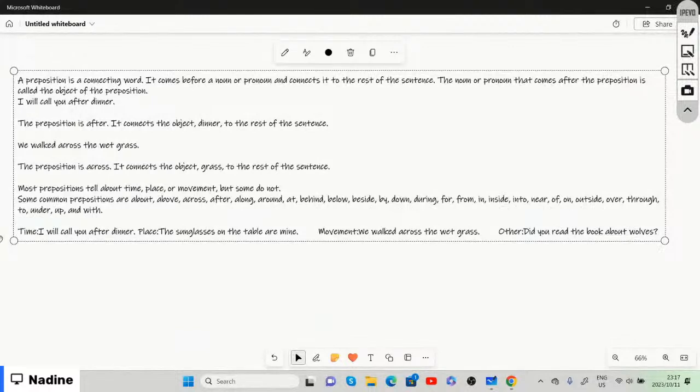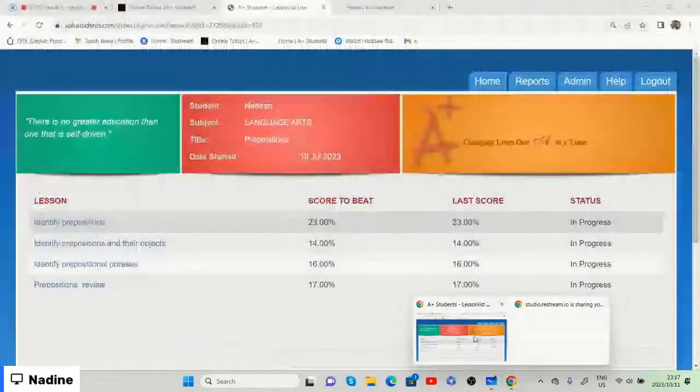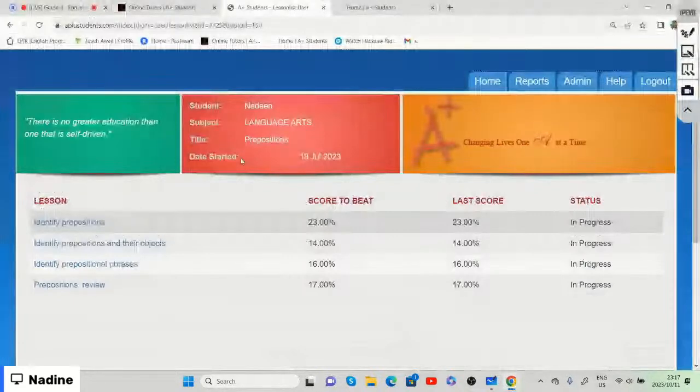And we say that the noun or pronoun that comes after the preposition, we call that the object of preposition. All right. So now we're going to a+students.ca. And the first lesson that we're going to is to identify prepositions.